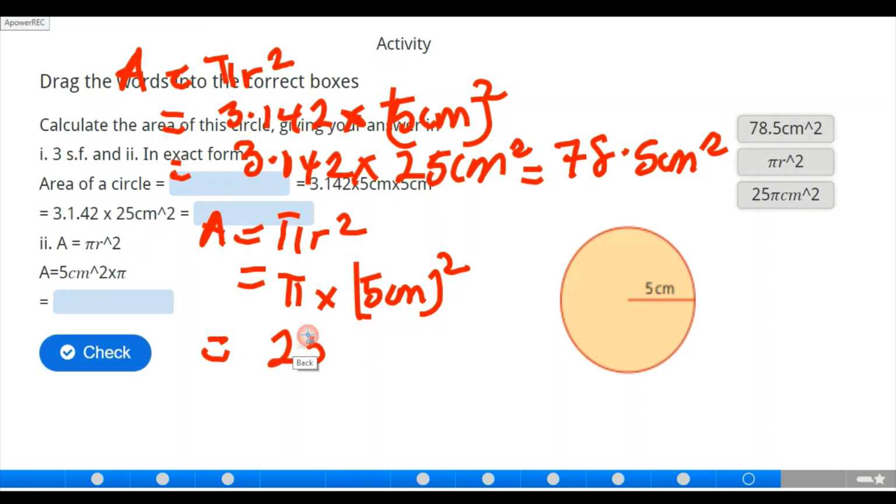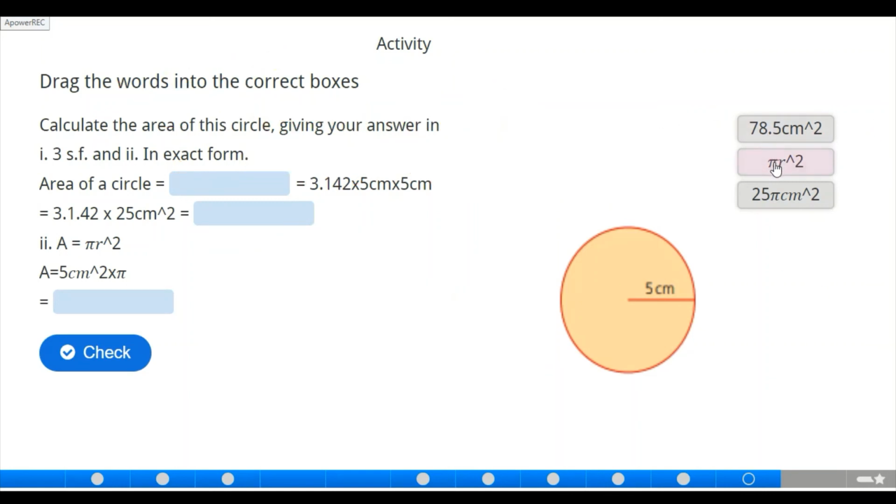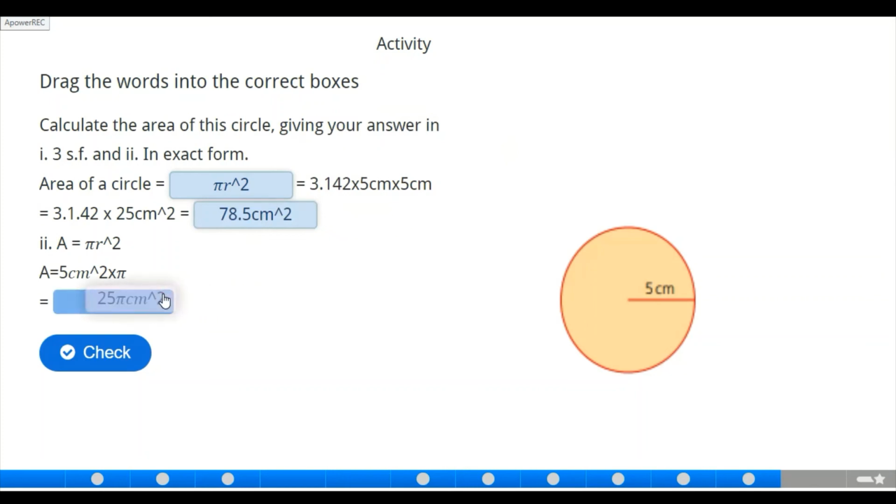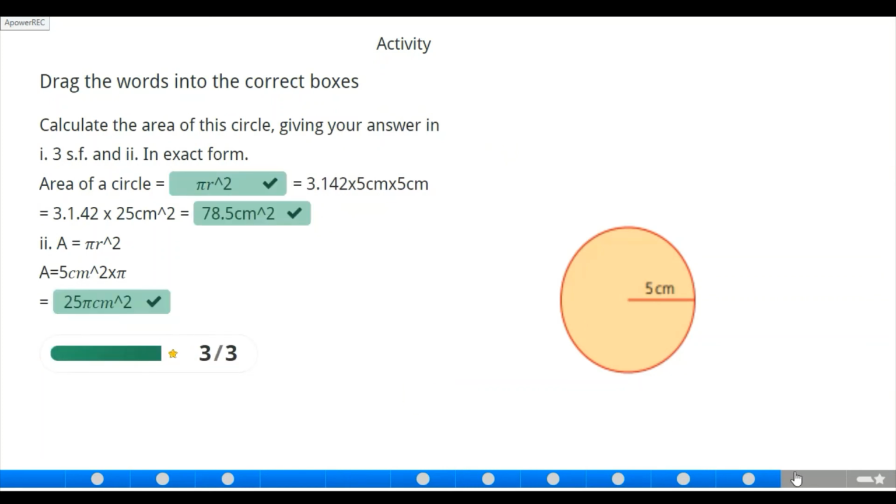So we have 25 pi centimeter all square, and that gives us the solution to this problem. So let's quickly check the arrangement here. The area of the circle is pi r square. By the time you multiply 3.142 times 25, you have 78.5 centimeter square. And by the time we leave it in exact form without expressing pi, we have 25 pi centimeter square. That is the solution to the past question.